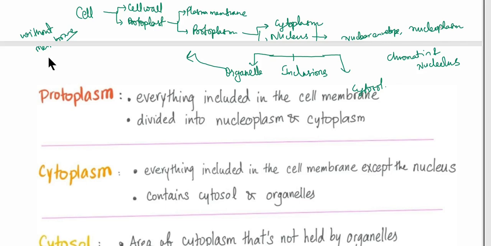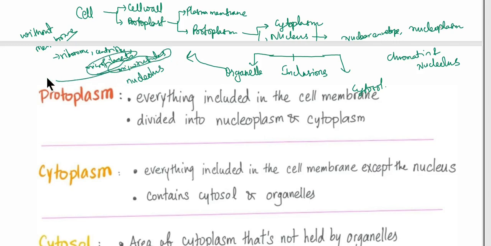Without membrane organelles are ribosomes, centrioles, microfilaments, microtubules, nucleolus, etc. Microfilament and microtubules are collectively called as cytoskeleton. Take care of this.